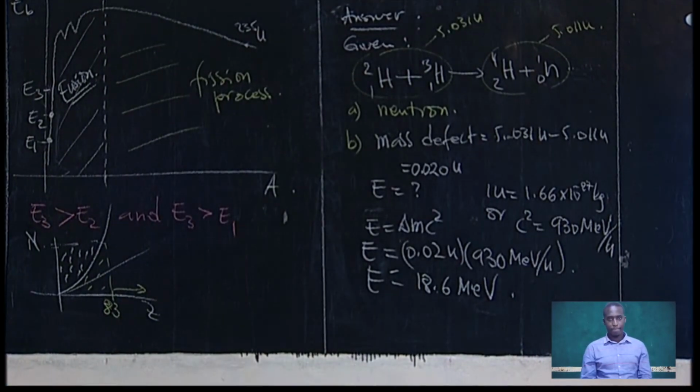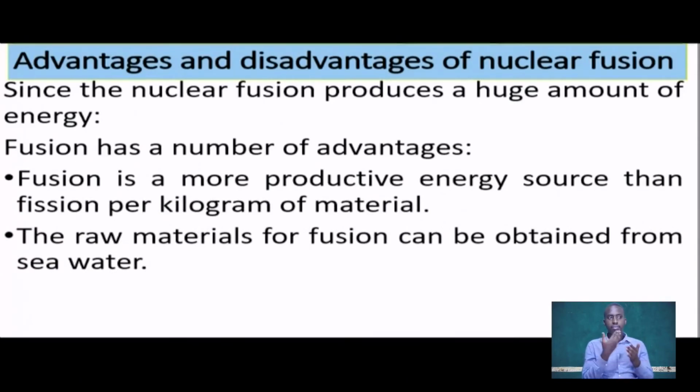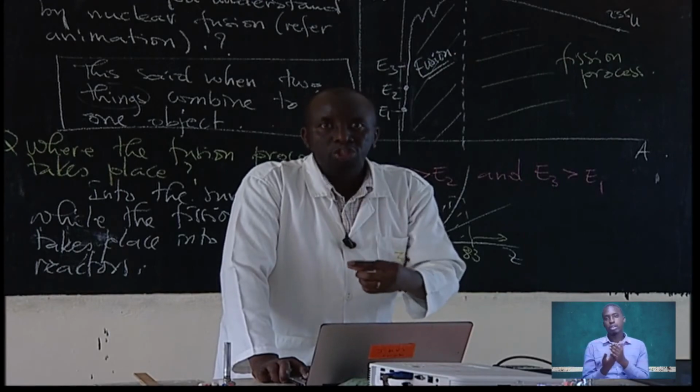Okay? So then let's have the advantages and disadvantages. We have the advantage here, number 1. Fusion is a more productive energy source than fission per kilogram of material. This is a good production of energy. But students, this one is not easy. It is very difficult to do because it requires much more heat or temperature for this fusion to take place.